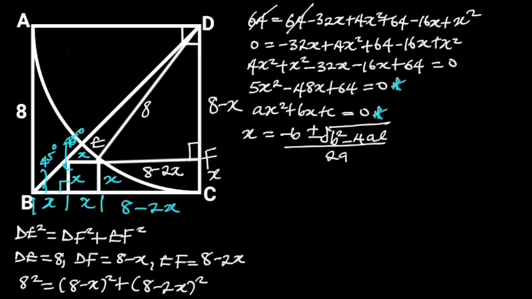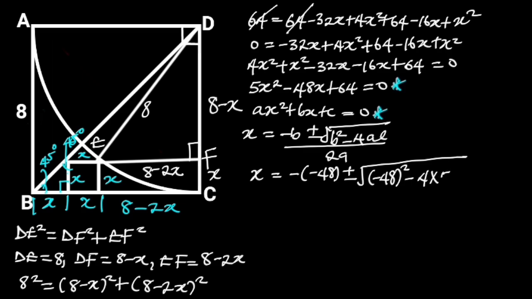If we plug in these values in this formula, we will have x is equal to minus minus 48 plus or minus the square root of minus 48 squared minus 4 times 5 times 64, all over 2 times 5.